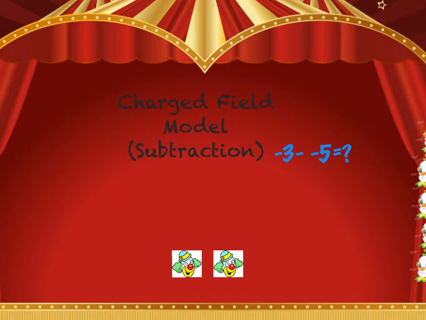We have negative 3 minus the negative 5 that just went off the stage. What do we have left? Now we have positive 2. We have 2 happy clowns. So we can see that negative 3 minus negative 5 actually equals 2 in the positive, so we have 2 happy clowns left over.